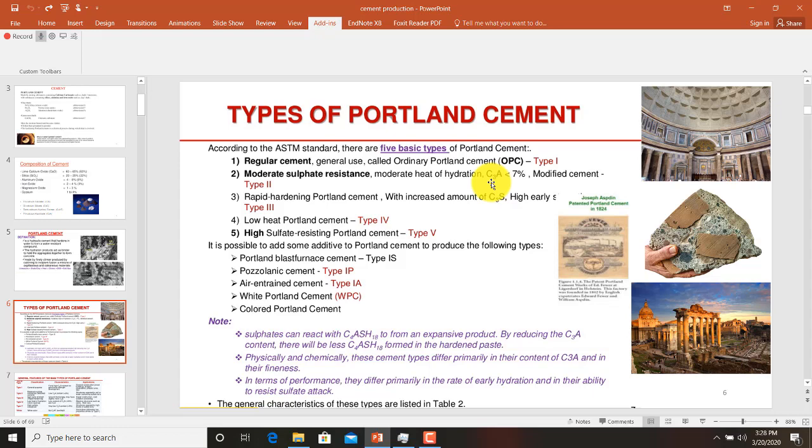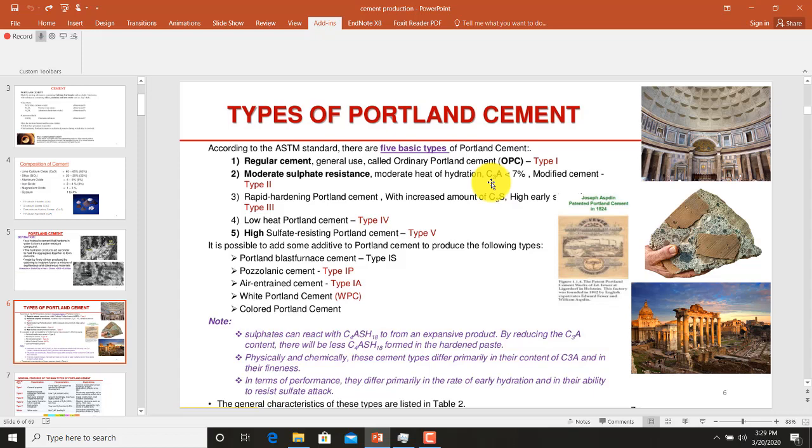So in moderate sulfate resistance cement, you limit the concentration of tricalcium aluminate. If you have unreacted tricalcium aluminate in the concrete mix, it would react with the external intruding sulfate salts that will cause the delayed ettringite formation when concrete is hardened.